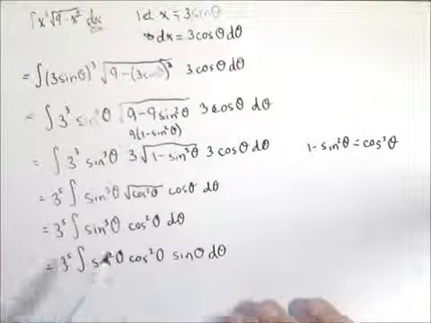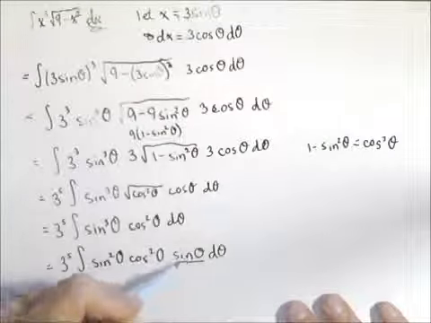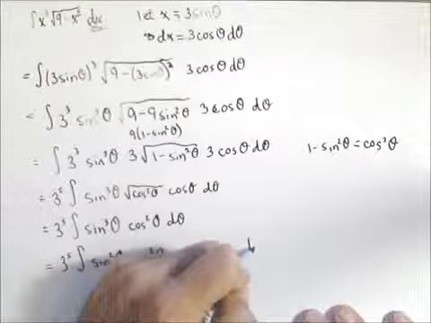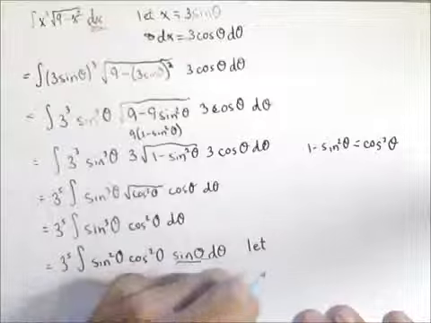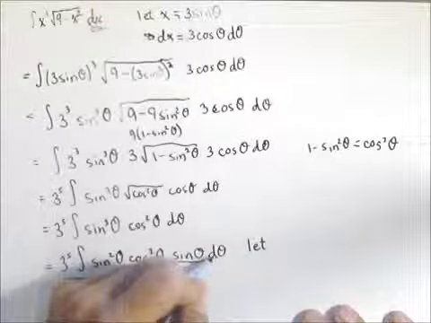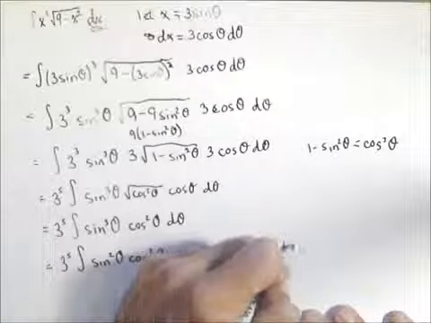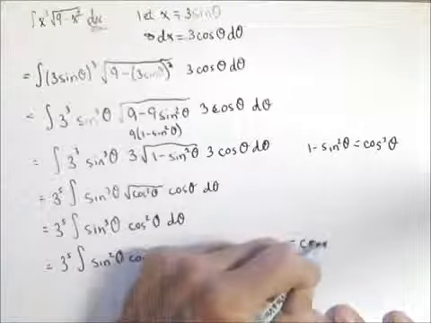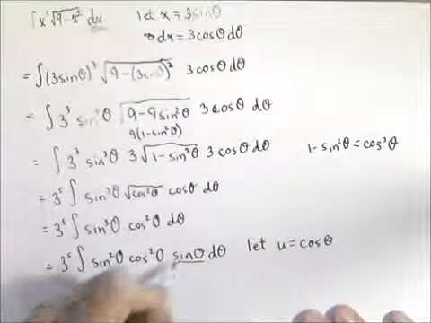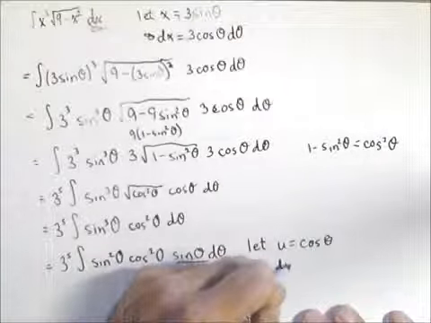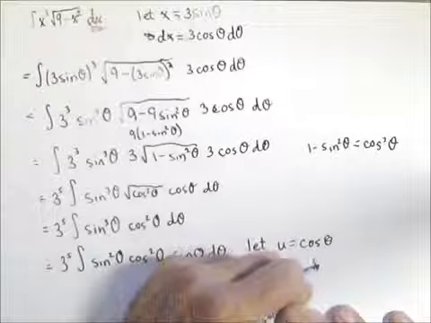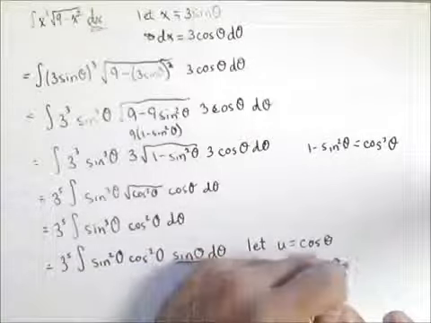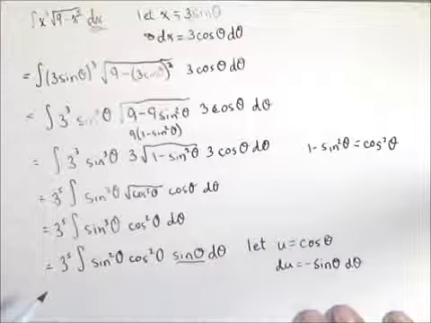Alright. What this does is this kind of gives me a hint as to what I'm going to do for my u substitution. Because my du is, I want to have a sine theta d theta, I'm going to let u equal cosine theta, because its derivative is sine theta. Well, actually negative sine theta d theta, but that we can fix.